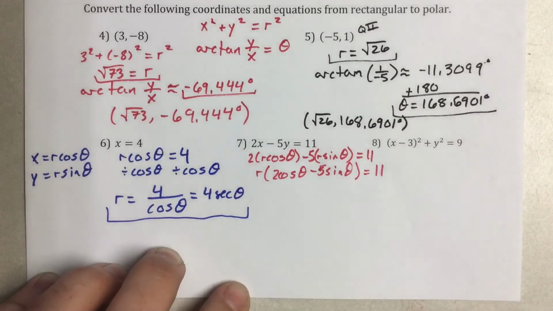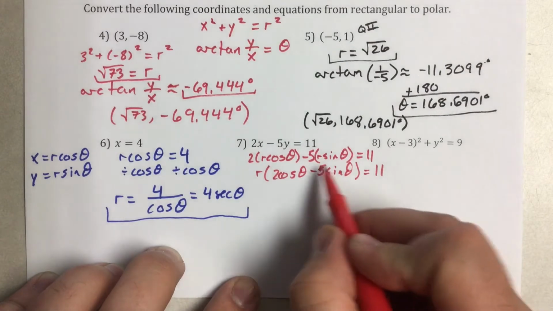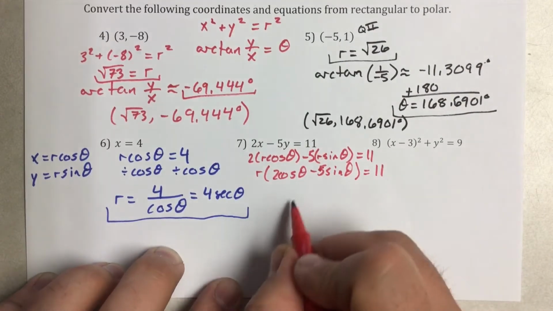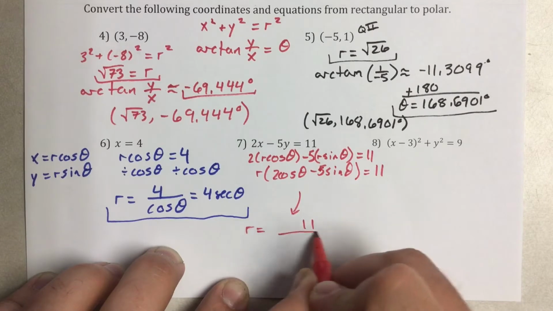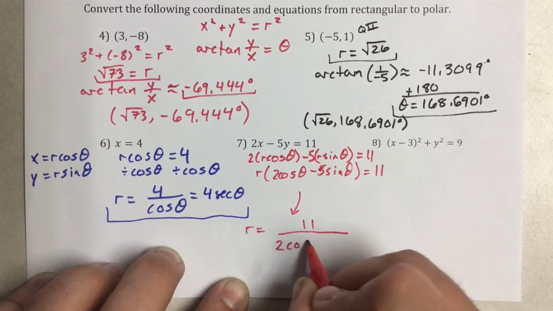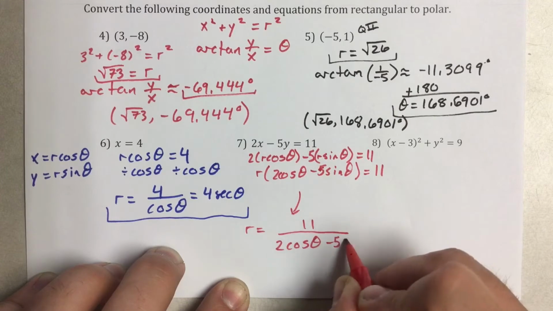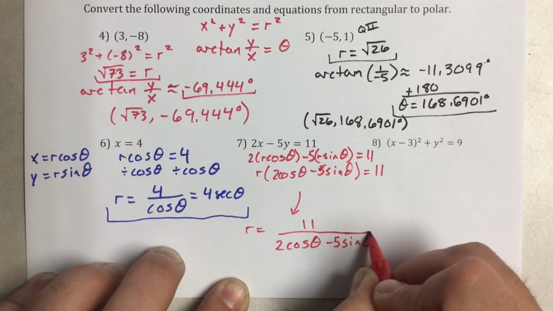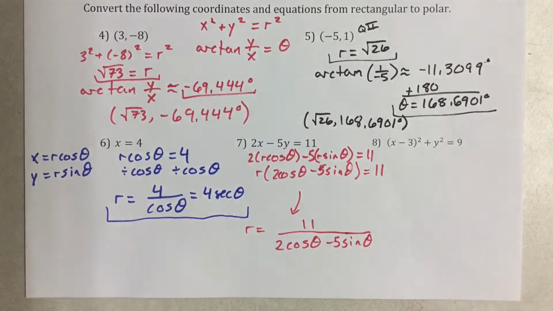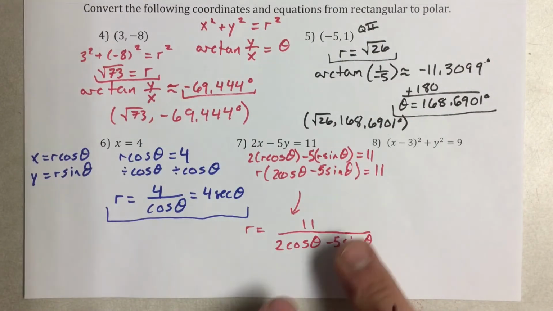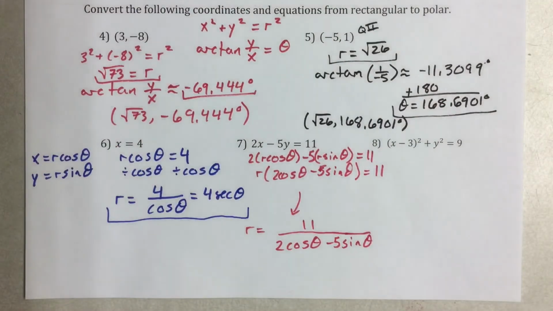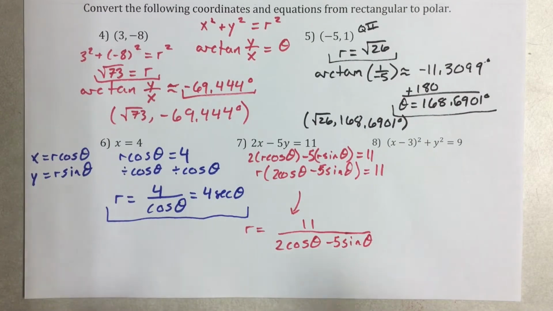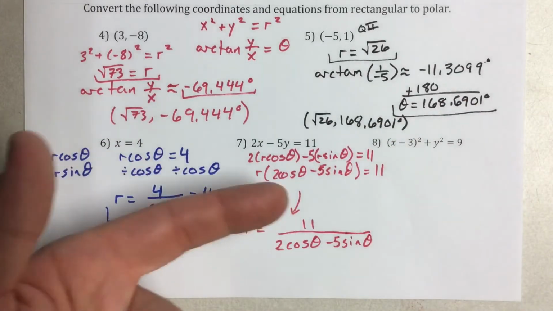Now we want to isolate r. That's rather easy. We just divide by this group, giving us an equation in polar form of r equals 11 divided by 2 cosine theta minus 5 sine theta. All right. So it might be good for us to know that this form of a polar curve turns out to be a linear function. That might be beneficial when we go from polar back to rectangular.